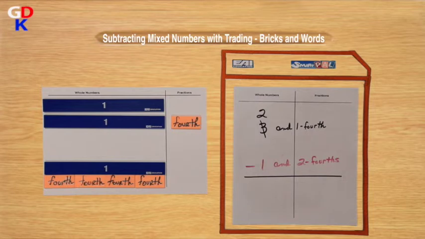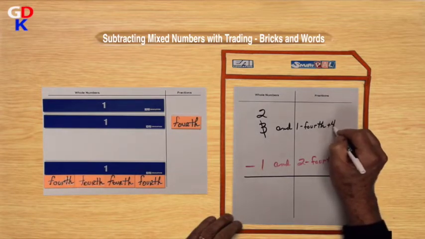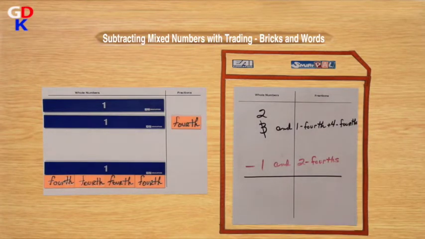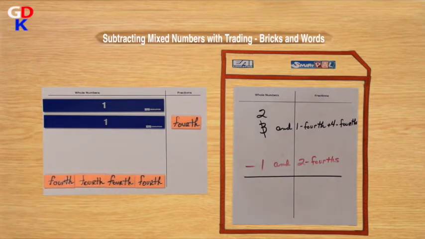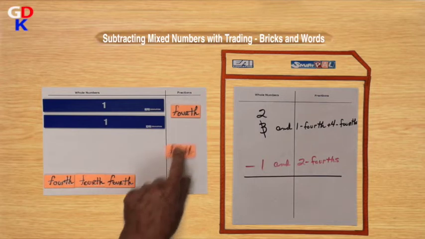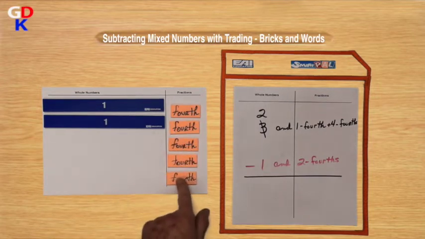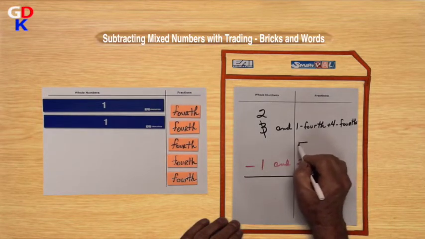And we've traded that 1 in for 4/4. So we trade our 1 in, and we put our 4ths with the 4th from the original problem. And that gives us a total of 5/4.